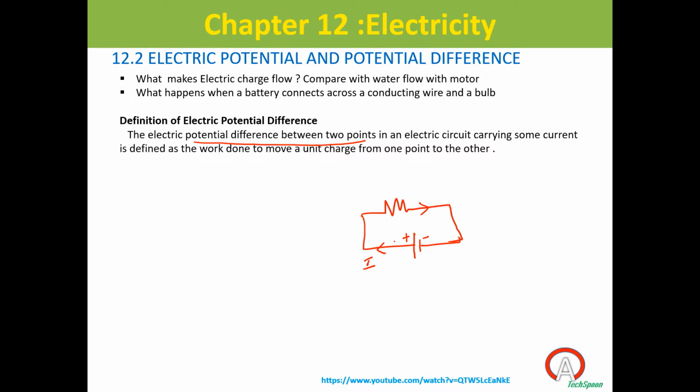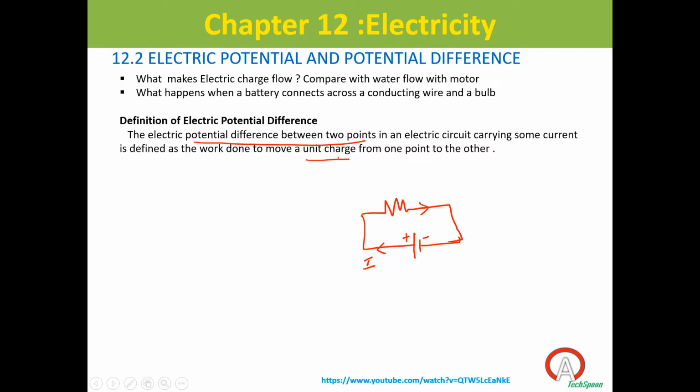What does it mean? First, tell me what is unit charge? What do you mean by unit time? When we discussed electric current, we defined it as the amount of charge flowing through a cross section in unit time, or in 1 second. Unit time is 1 second, right?